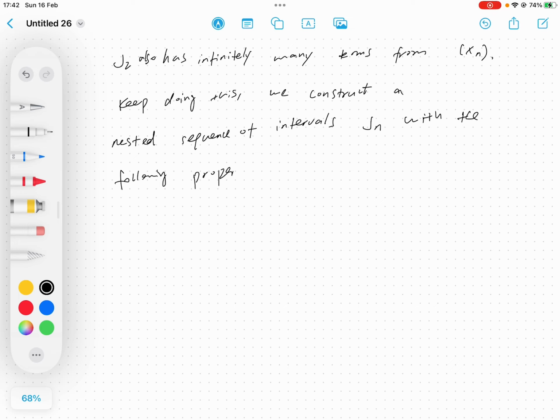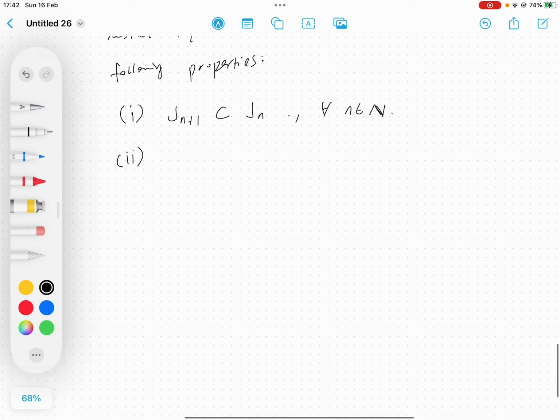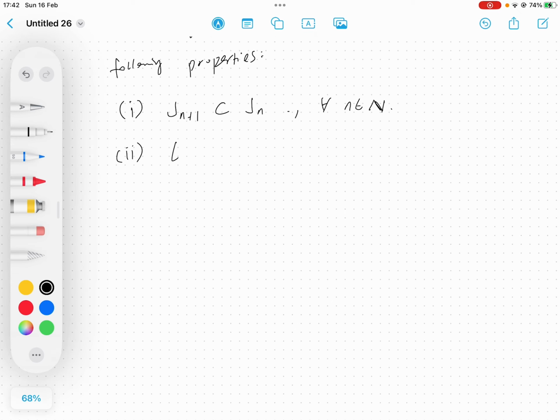First, Jn plus 1, of course, is a subset of Jn, for all n. Second, we have a specific length for Jn, that would be exactly 1 over 2 to the power of n times m, for all n.